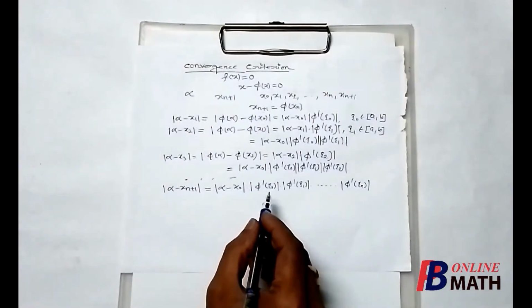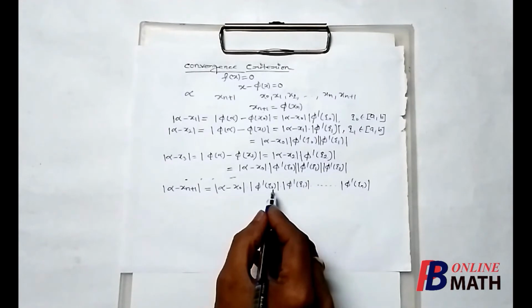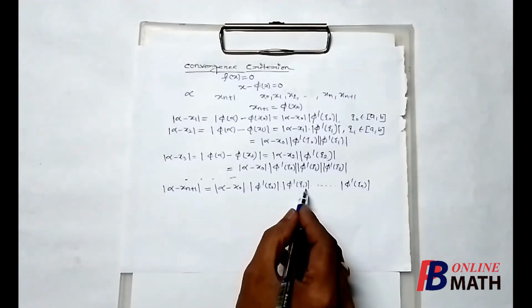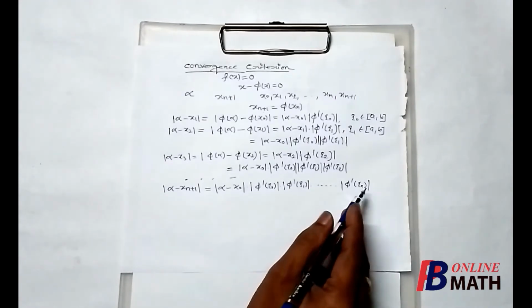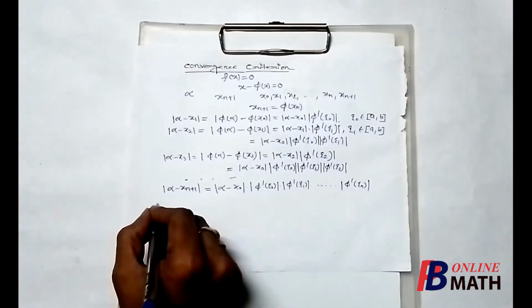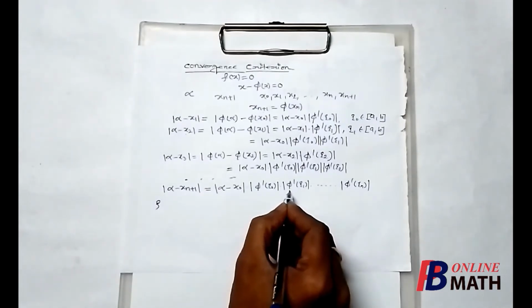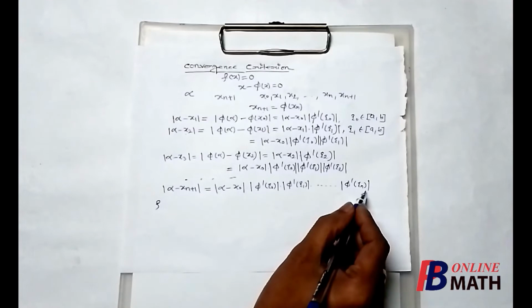Now there are n plus 1 number of positive quantities which are phi dash xi0, phi dash xi1 up to phi dash xi n. So if we assume that the maximum of all these is equal to rho, then each will be less equal to rho.